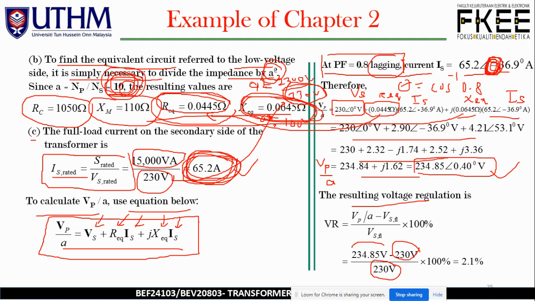So we have just calculated Vp over a, thus giving VR equal to 2.1%. You may double check the answer, which is always positive due to the lagging condition. We have seen this positive value in the previous slide under the phasor diagram topic.